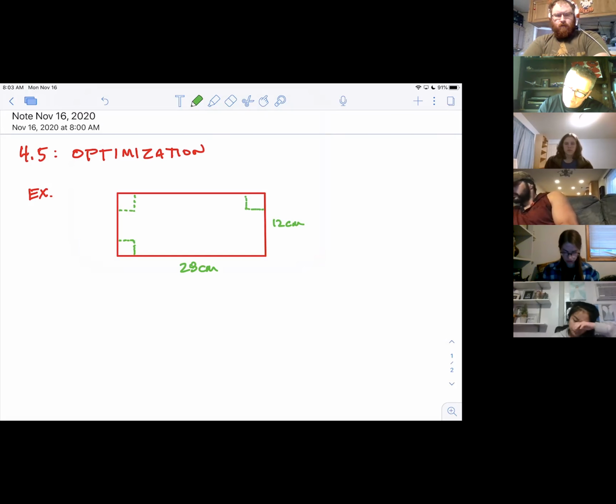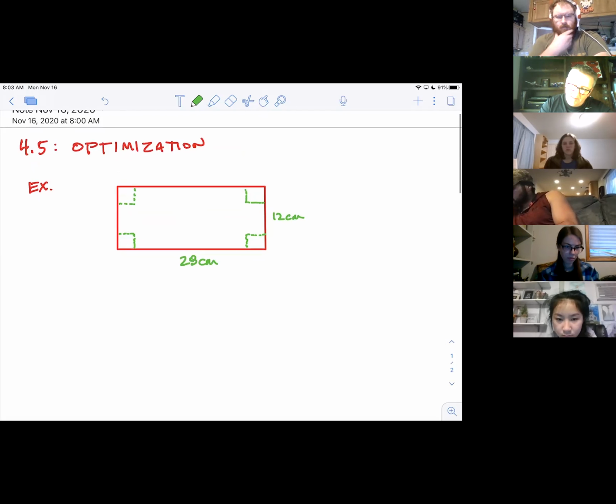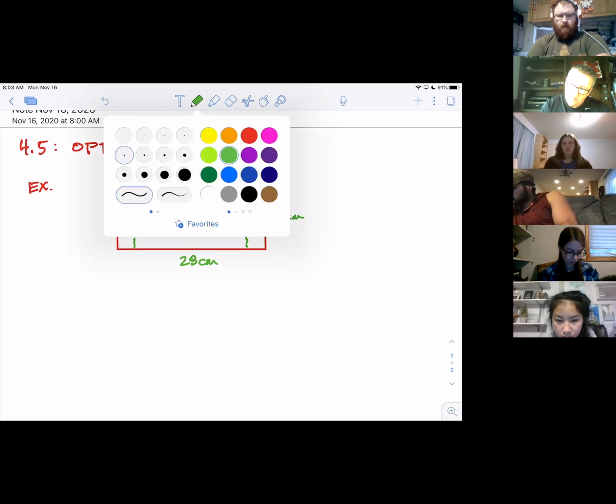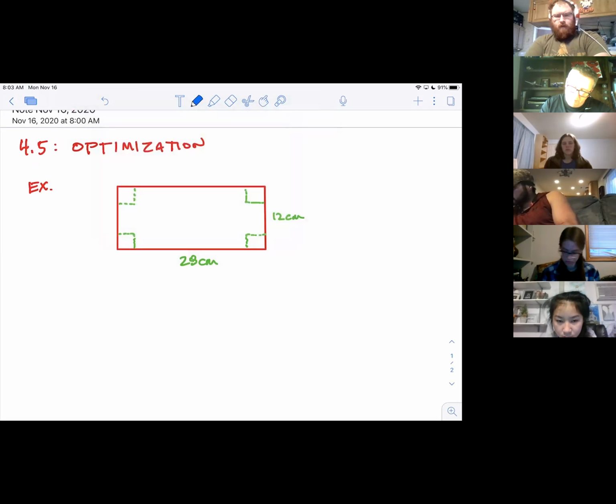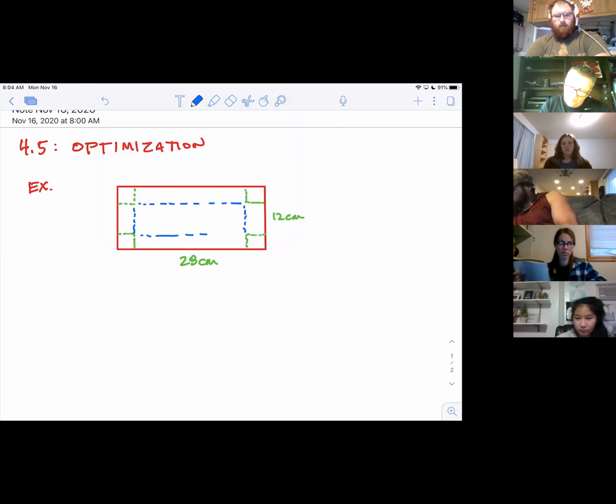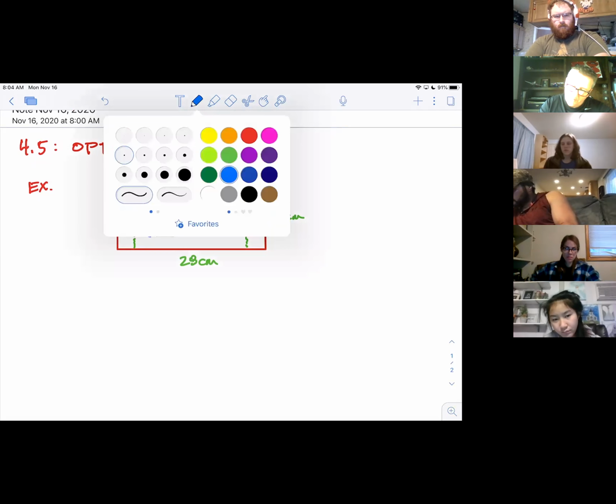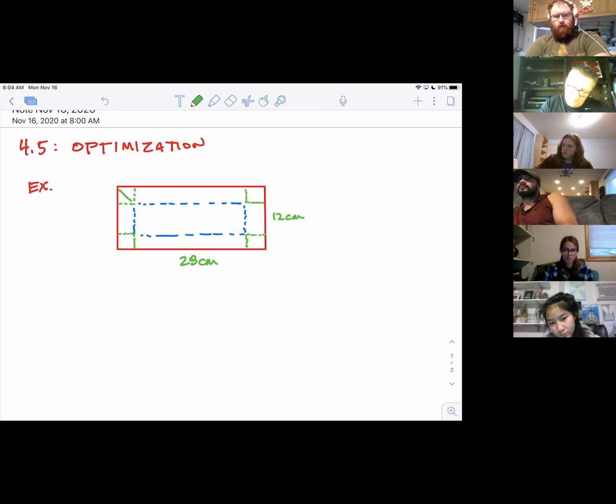So basically those are gone. Folding it then along these dotted lines would make a box. Let me emphasize this is getting cut out. Those are gone.